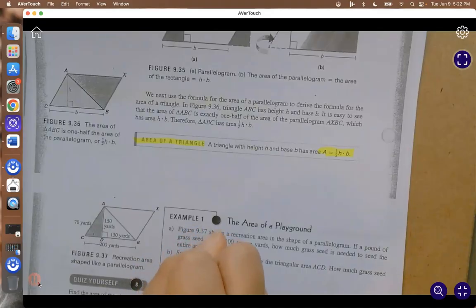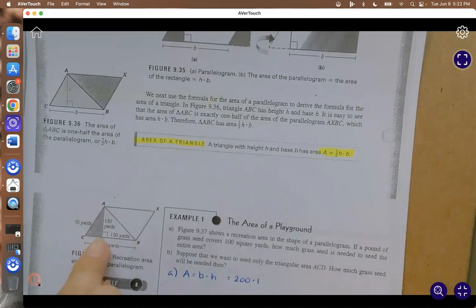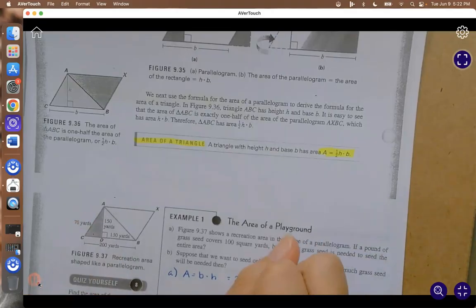We're doing the whole parallelogram, so we're doing base times height. The base of this figure is 200 yards long. The height of this figure, remember height goes this way, it has to be a straight line, it's not this. This is not the height, straight up. So that's going to be 150.